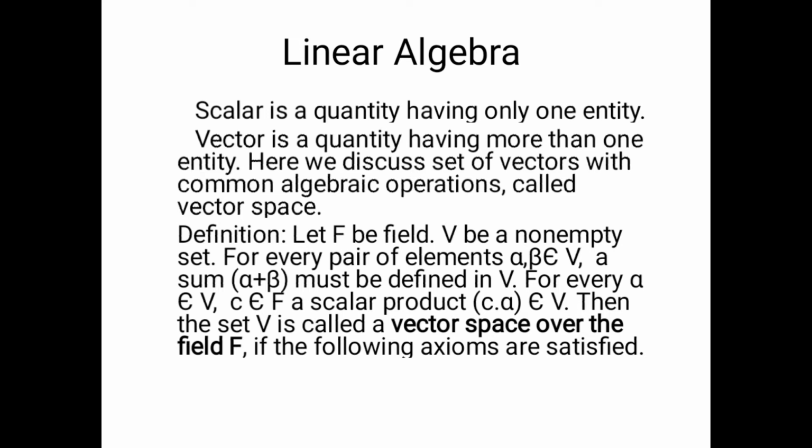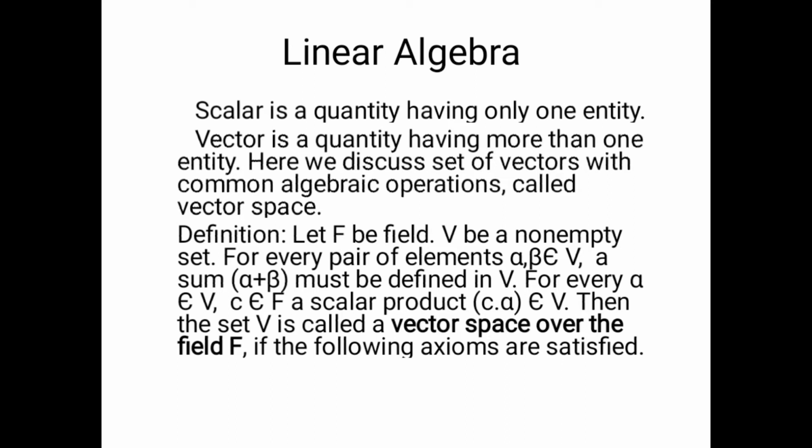So from V cross V to V there is a binary operation which we call addition in V. For any two elements in V, alpha plus beta is another element in V. And if we consider a scalar c contained in the field F, the elements of the field F are called scalars, and a vector alpha contained in V, then c dot alpha is in V. So it is a binary operation from F cross V to V.